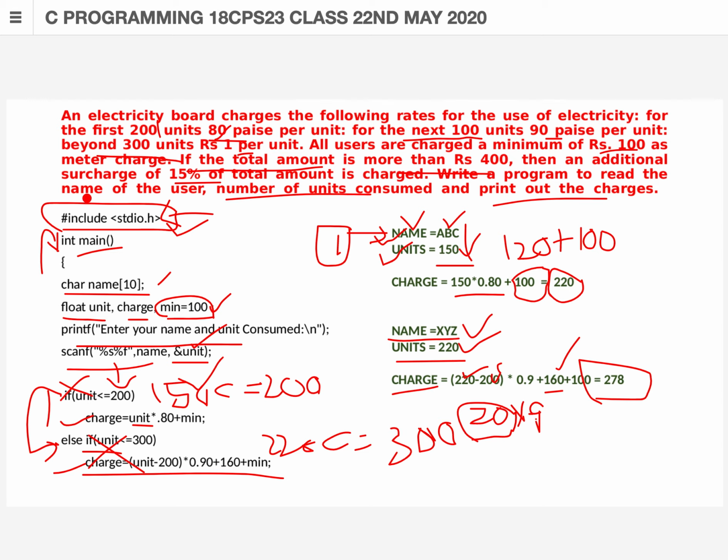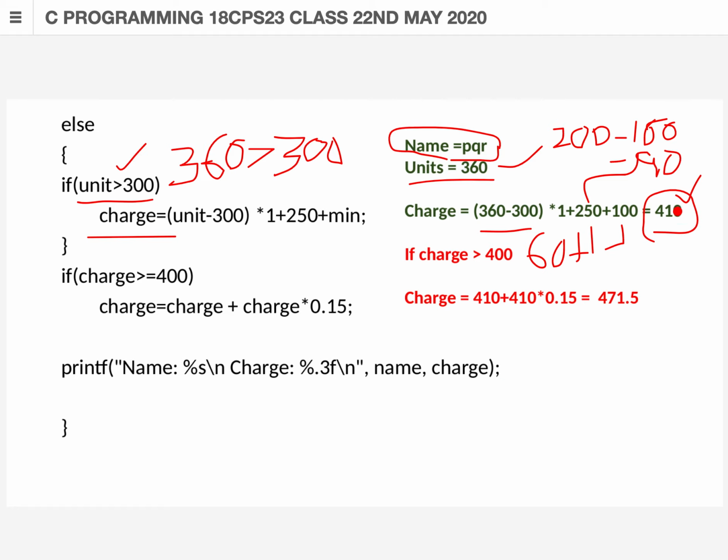Then an additional surcharge, if it crosses more than 400, will be charged as per the total amount calculated. So now the additional surcharge has to be added to this amount we have evaluated. Our condition we need to check is whether the charge is greater than 400. What is the charge value here? The charge value is 410, which is greater than 400.